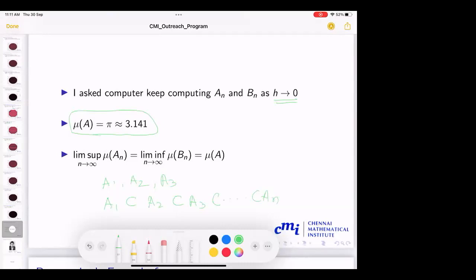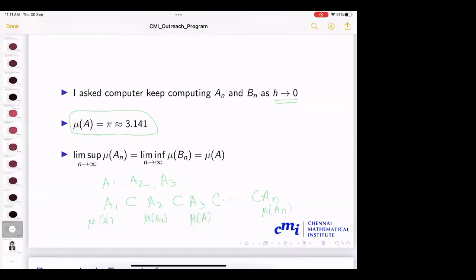Now I don't need to check for all. What I will do, I'll just say that okay, I can compute the mu of A1. I can compute the mu of A2. I can compute the mu of A3, basically the area, and I can compute the mu of An.